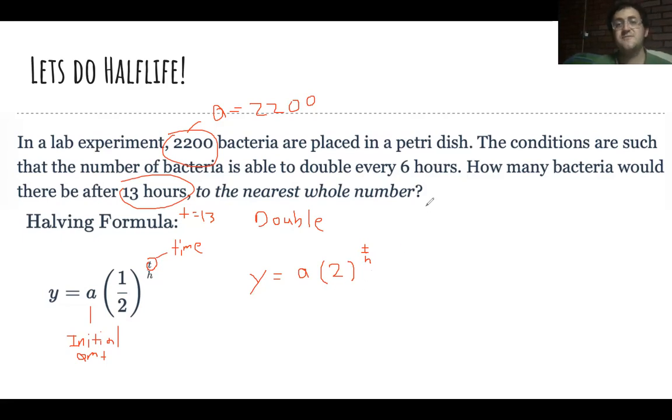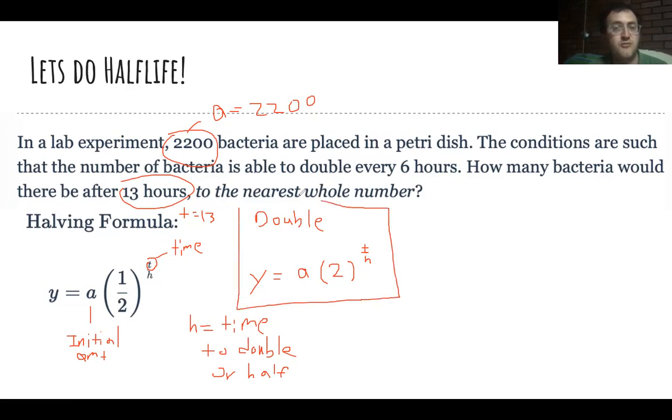And then H would be the time to double or half. And this problem is kind of the opposite of half-life, so we're actually doubling, but it's the same exact idea. The only difference is that you're going to have the double formula instead.